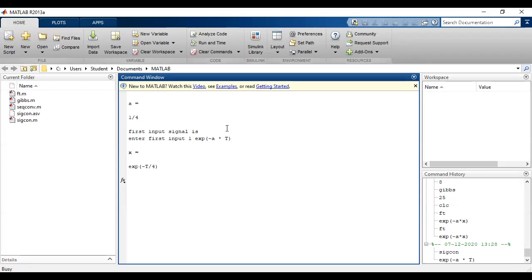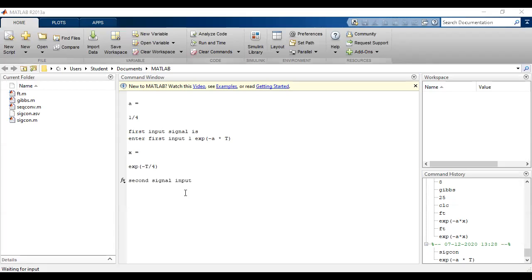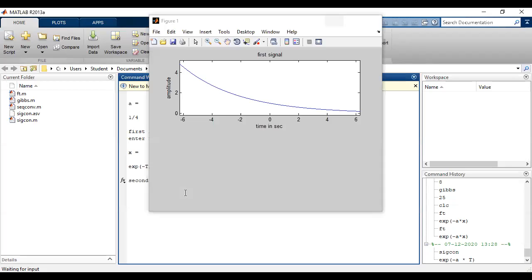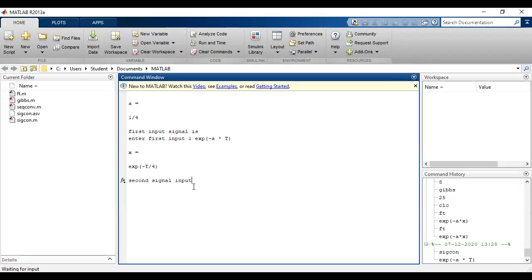Okay, enter. x equal to, so first signal. Enter second signal input. It is asking for the second signal input. t minus tau we have written, so t only you give, small t.